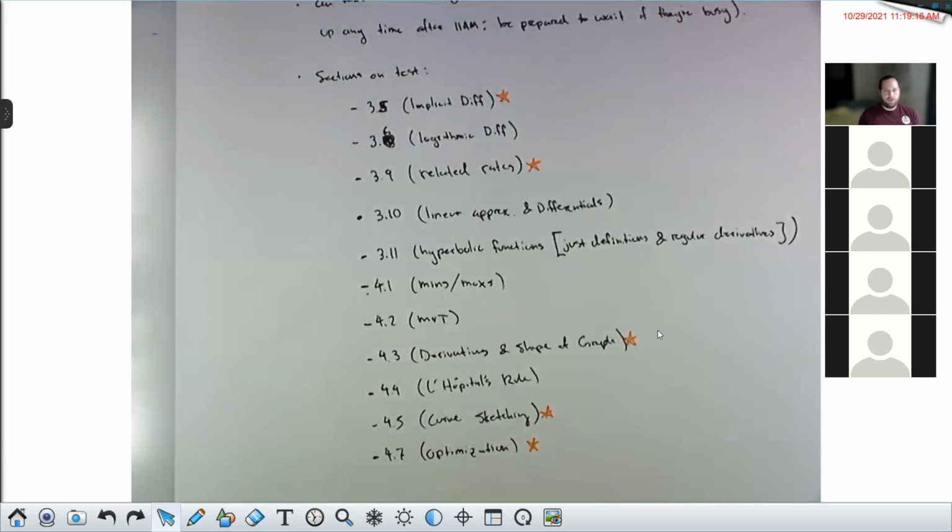So if I asked you, what does the second derivative test say about mins and maxes, you should be able to say, oh, well, I think it says if you've got a critical number and you're concave down, then that's a max, that sort of thing. I don't necessarily expect you to say if f is continuous at c and f double prime is continuous at c and c is a critical number, then blah, blah, blah, word for word, but we should at least have the gist of those theorems down, and we should know the theorems by the words that are used in them.